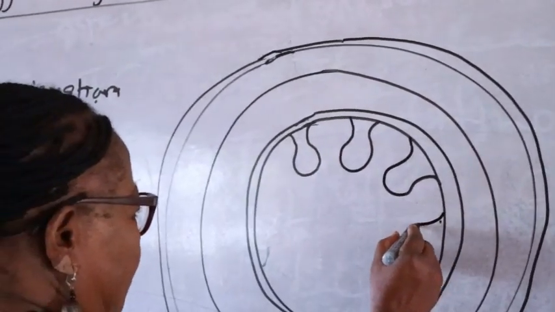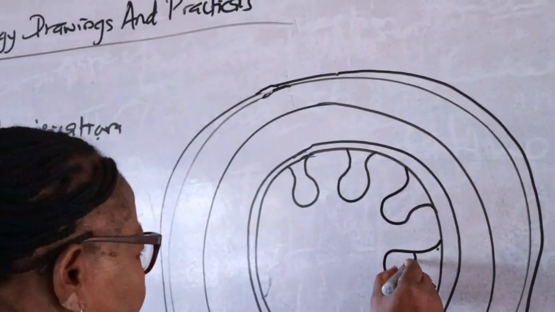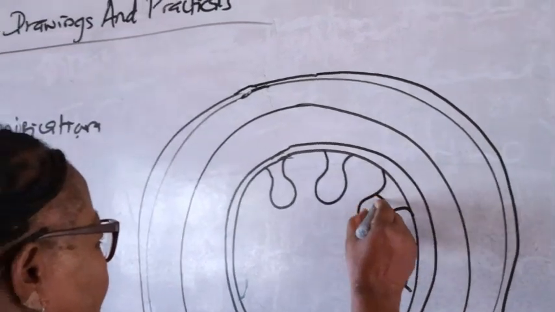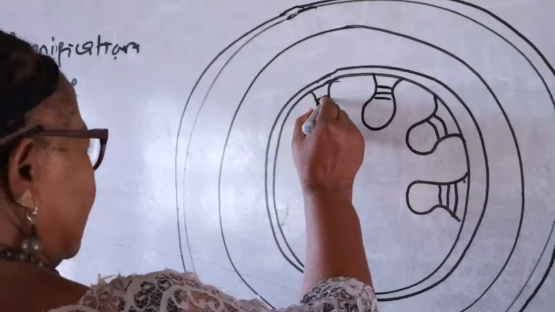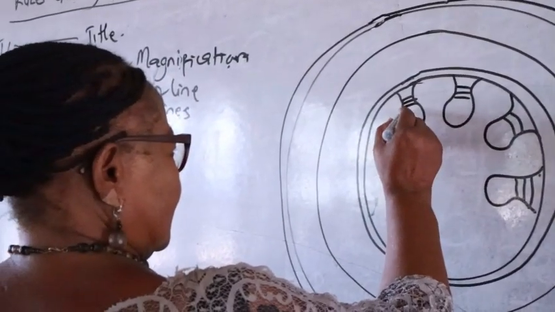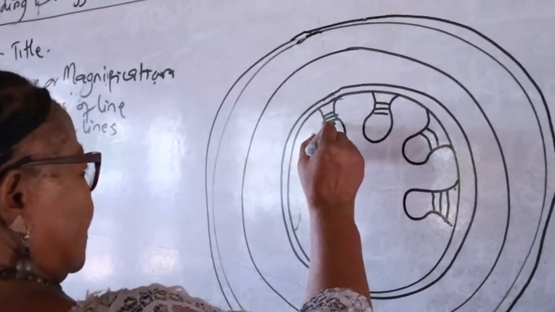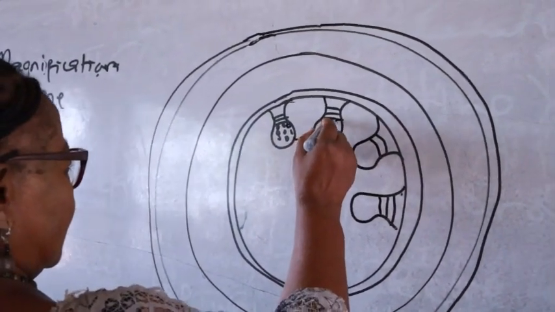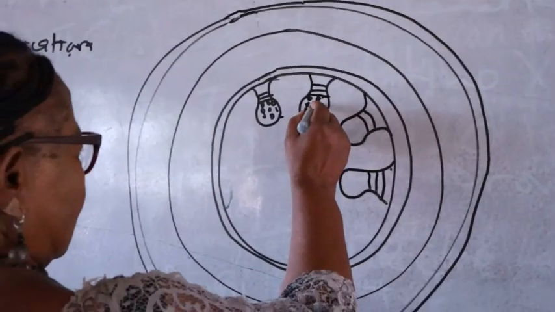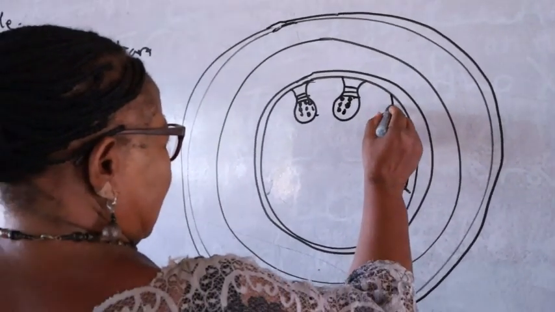Who has an idea of what I'm drawing? Just dicot stem.